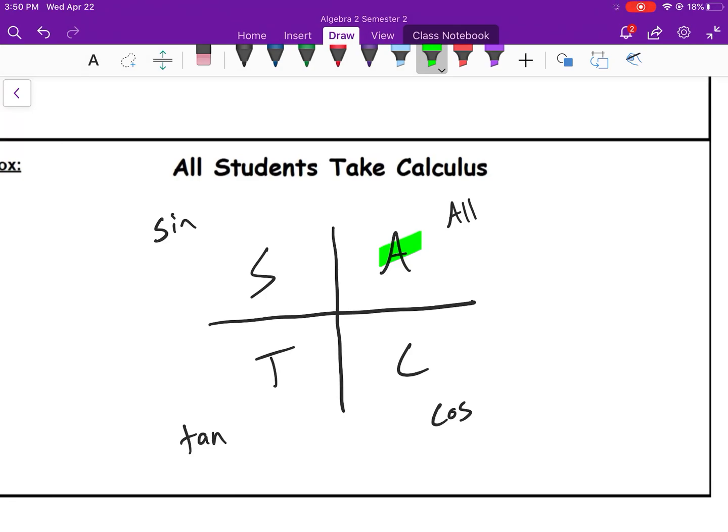Moving to quadrant 2, anything between 90 and 180, sine or cosecant, its reciprocal, will be positive. In the third quadrant, between 180 and 270, tangent or cotangent is positive. And finally in quadrant 4, from 270 to 360, cosine or secant should be positive as well.